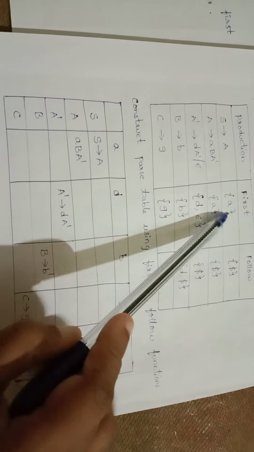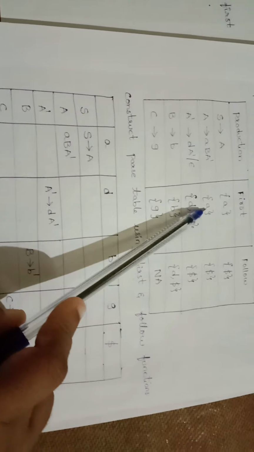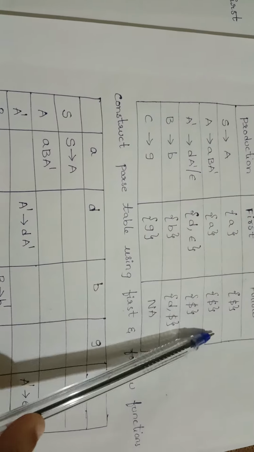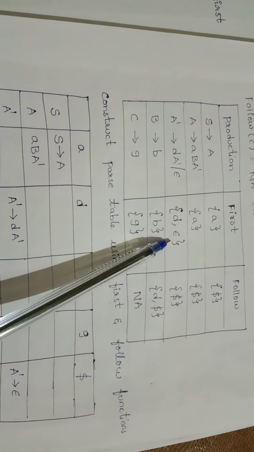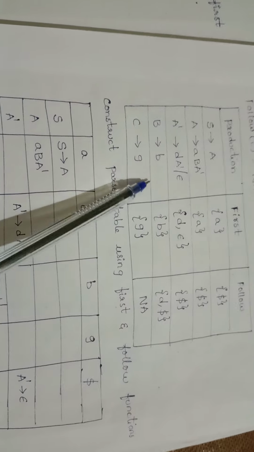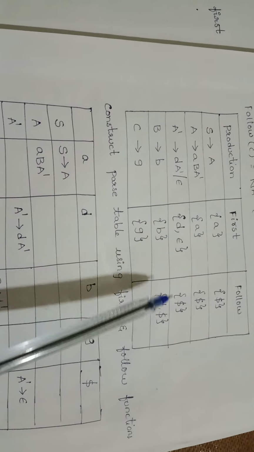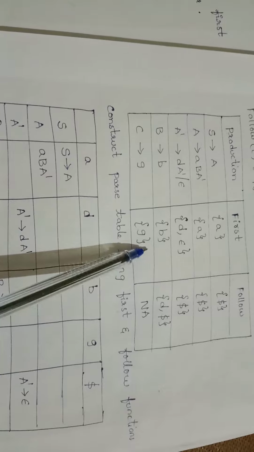For S tends to A, the first function is A and the follow function is dollar. For A tends to AB A dash, the first function is A and the follow function is dollar. For A dash tends to DA dash or epsilon, the first function is D comma epsilon and the follow function is dollar. For B tends to B, the first function is B and the follow function is D comma dollar. For C tends to G, the first function is G and the follow function is not applicable.